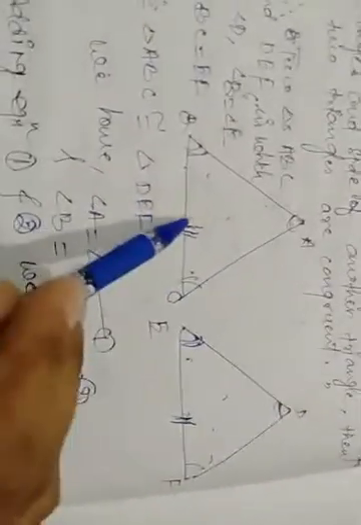Now two angles and the included side between them, that is BC and EF, are equal.